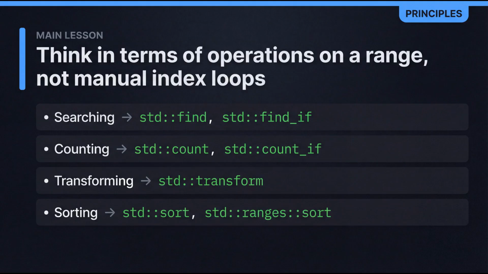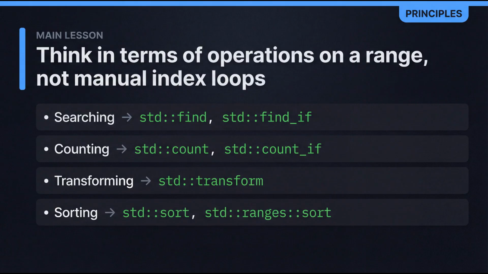Here's the main lesson of this chapter. Stop thinking about loops and indices. Start thinking about operations on ranges. Need to find something? Use find or find_if. Need to count? Use count or count_if. Need to transform every element? Use transform. Need to sort? Use sort.